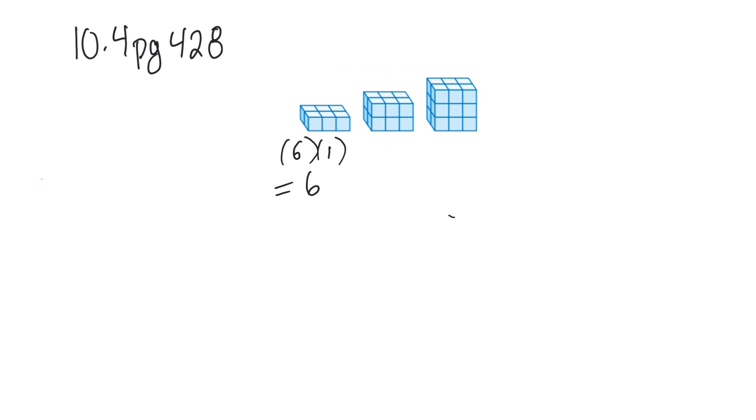Second one, the base is the same, so that's still 6, but now it's twice as high. Our volume is now 12. That's how many cubes we have. That's how much space is taken up there. For the next one, the base is still the same, but now it's 3 cubes high. 18, that's how many cubes it takes up. That's how much space it takes up. That is the volume. So this is what we're going to be doing today.